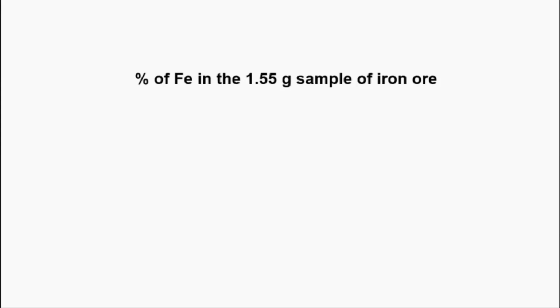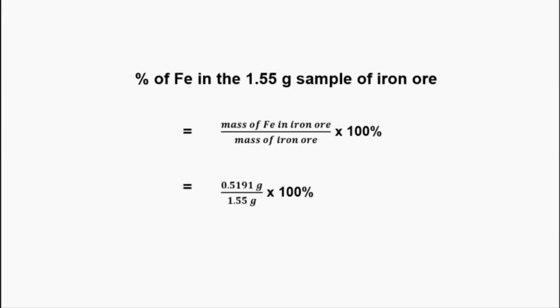And finally, we want to determine the percentage of iron in the 1.55 gram sample of iron ore: mass of iron in iron ore divided by mass of iron ore times 100%. Substituting the values, 0.5191 grams divided by 1.55 grams times 100%, we get 33.49%. So this is the percentage of iron in the sample of iron ore.